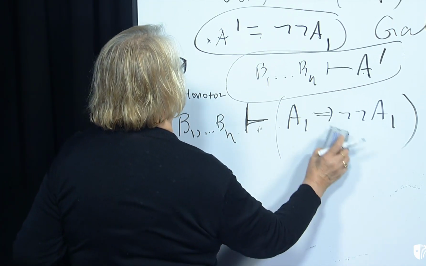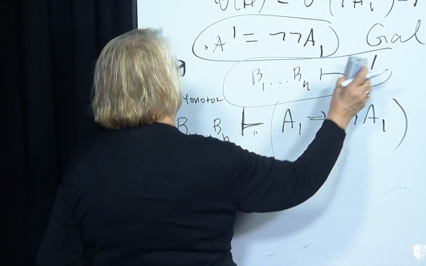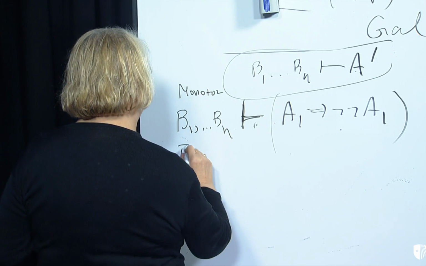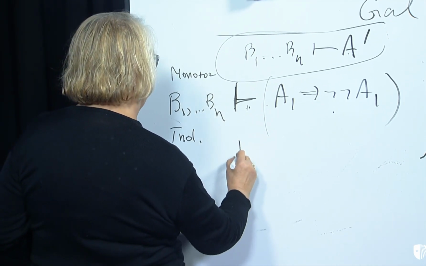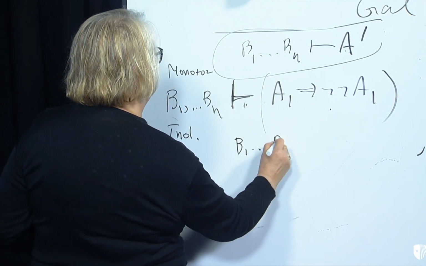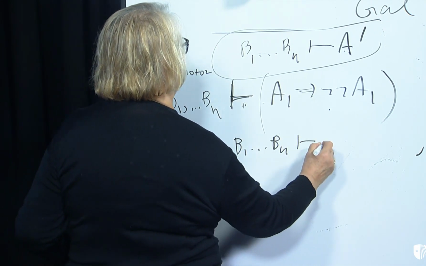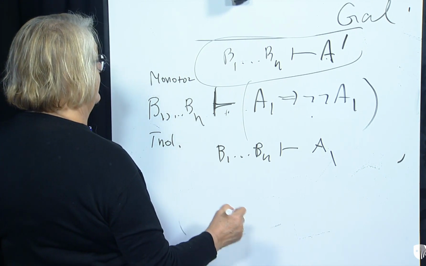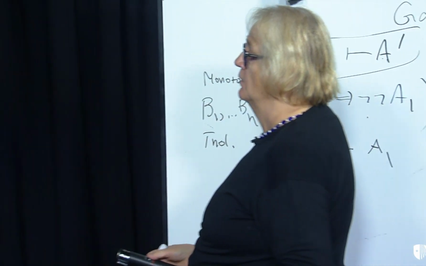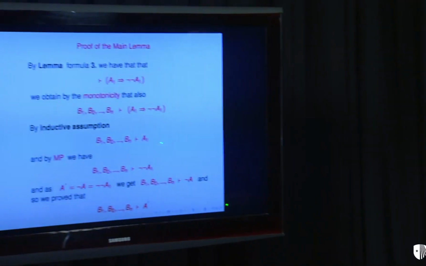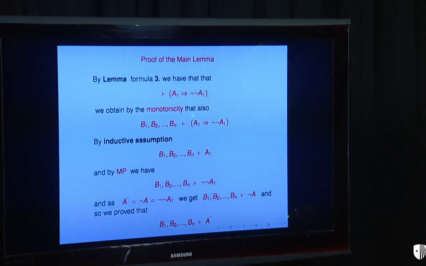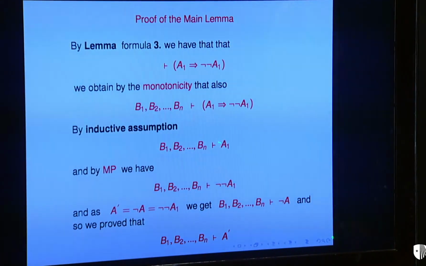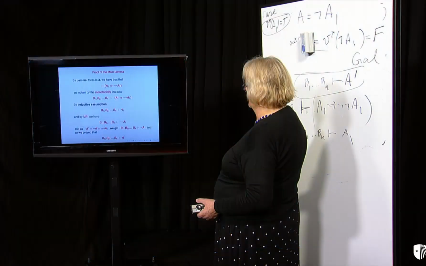And now I have this and the inductive assumption. The inductive assumption was that B1, ..., Bn prove A1. And I have that formula, so I can cut this and this.